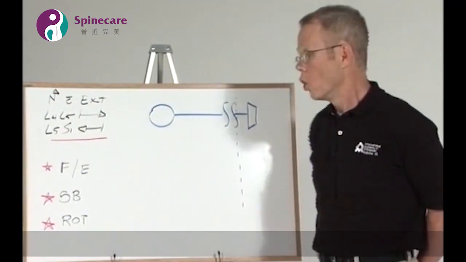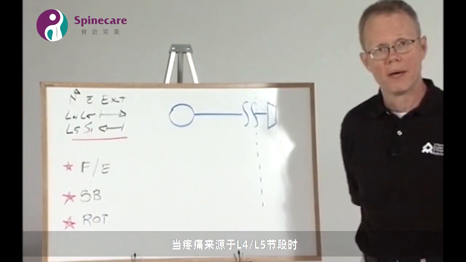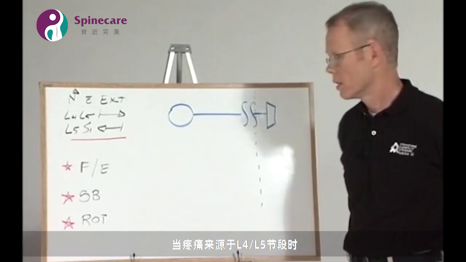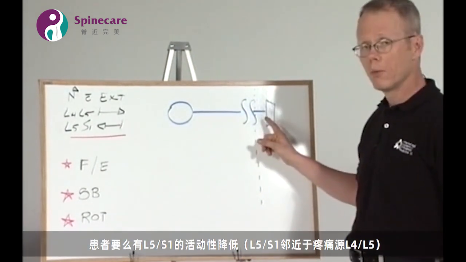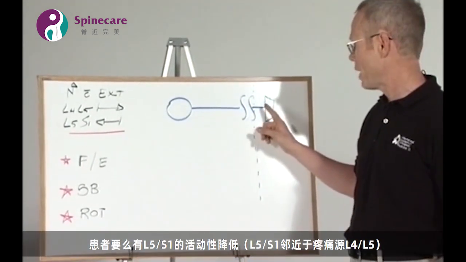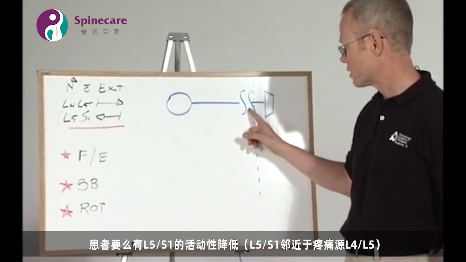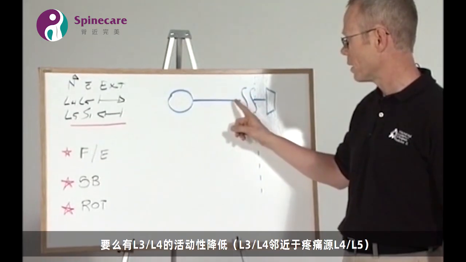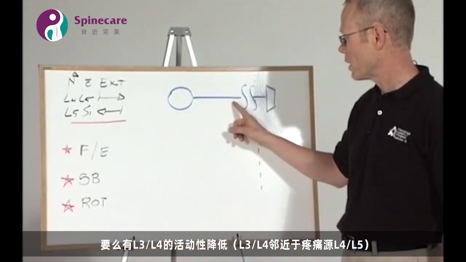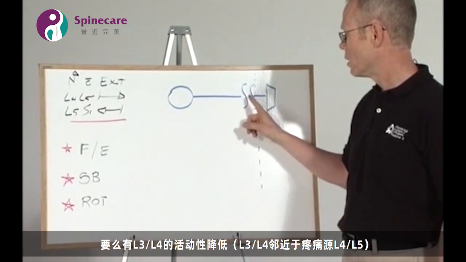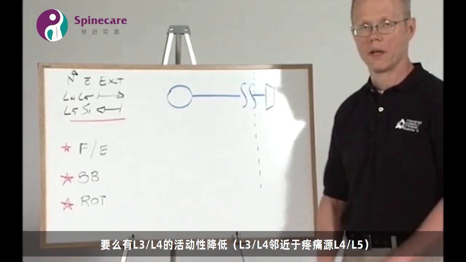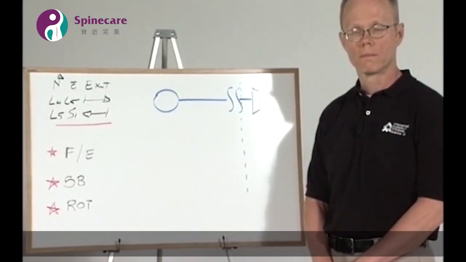Often, when presenting with that pain-generating L4, L5 segment, they'll have a hypomobility either at L5, S1, next to the L4, 5 pain-generating segment, or a hypomobility in extension at the L3, L4 segment, next to the pain-generating L4, L5 segment.